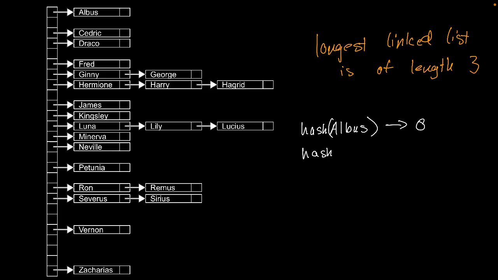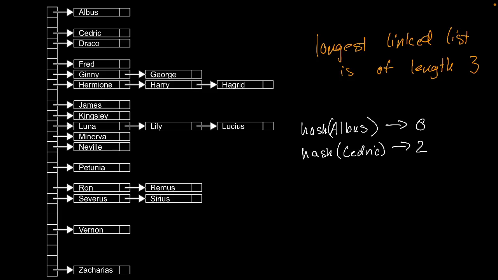If we were going to hash Cedric, that is going to give us 2. So what is essentially this function doing? Describe it in words. It's looking at the first letter and where it occurs in the alphabet, right? So this is one function.